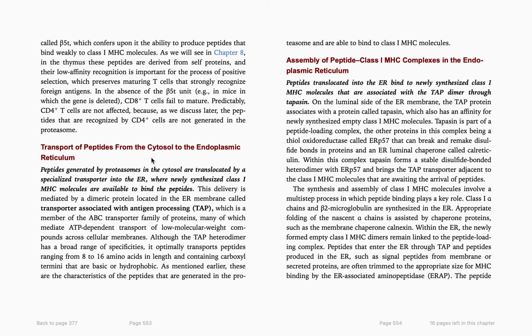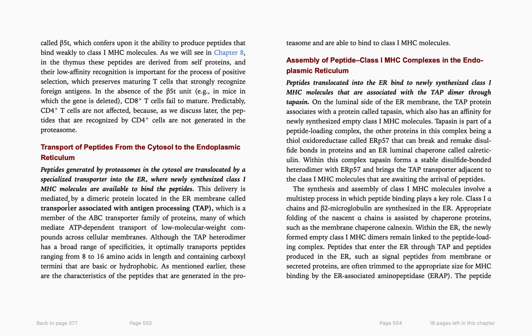Transport of peptides from cytosol to endoplasmic reticulum. Peptides generated by proteasomes in the cytosol are translocated by a specialized transporter into the endoplasmic reticulum, where newly synthesized class 1 MHC molecules are available to bind the peptides.